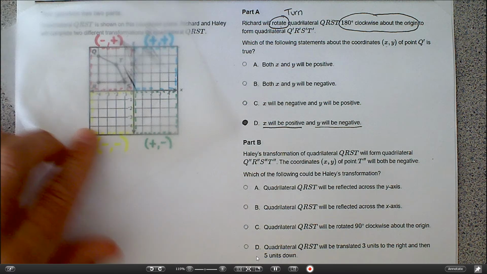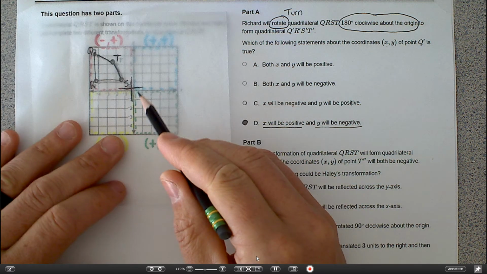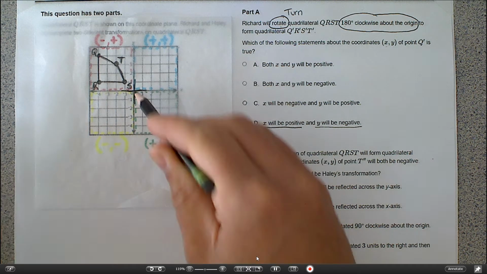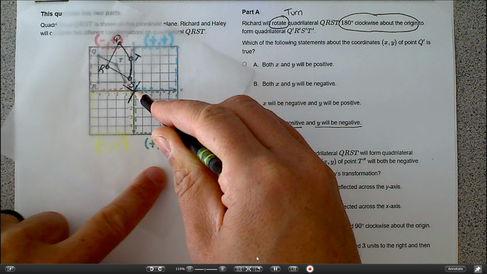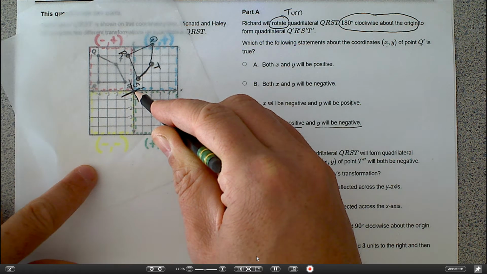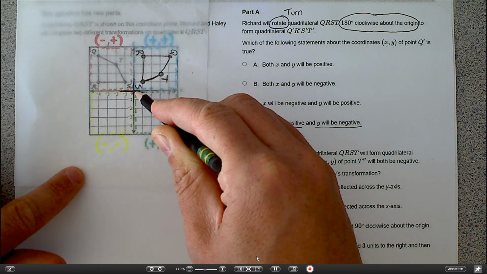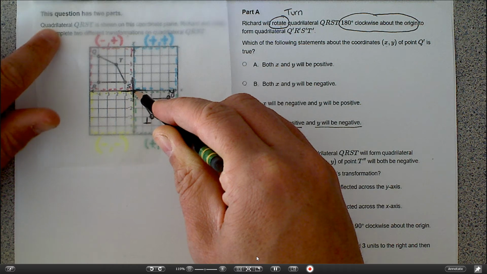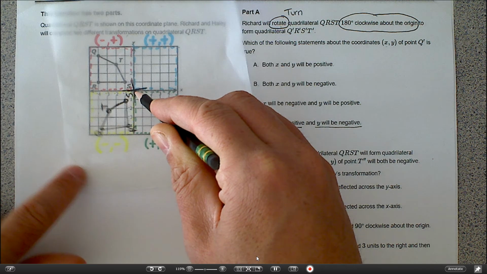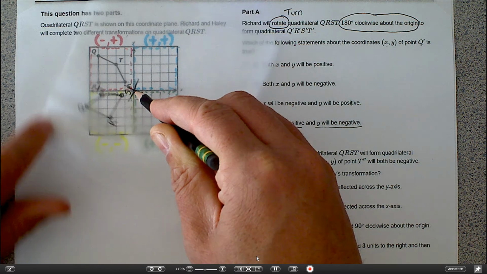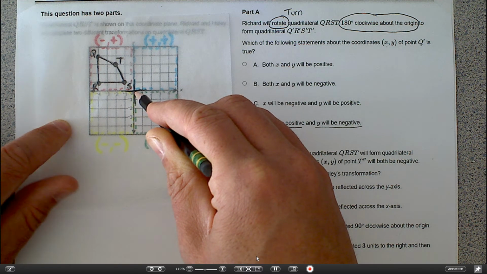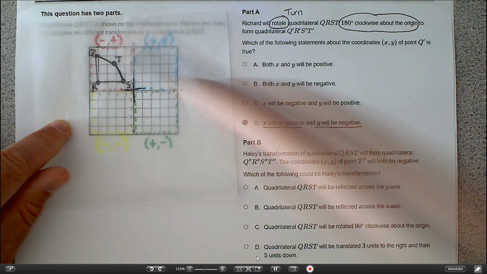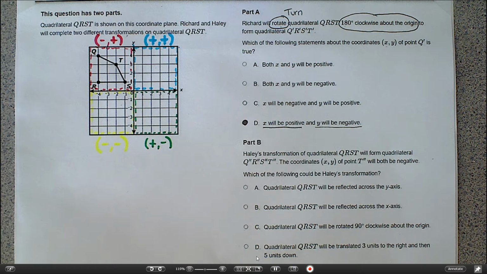Okay, so again, just turning this, I put my pencil on the origin, and I use my other finger and turn that around like a Ferris wheel. 90, 180, 270, and then a full rotation would be, of course, 360 degrees. All right, so there's part A.